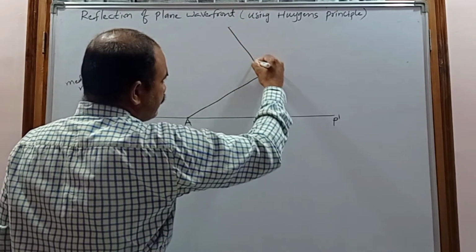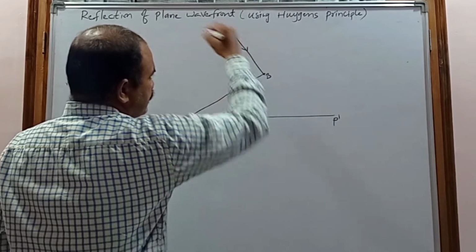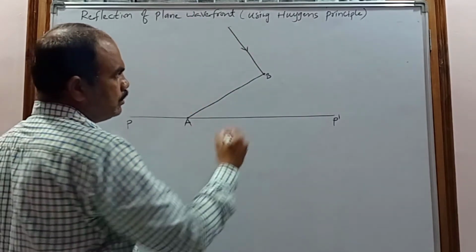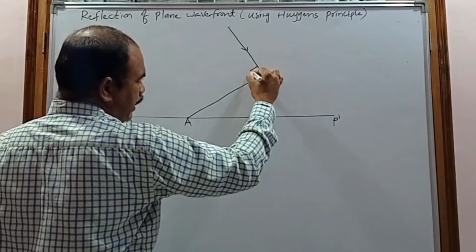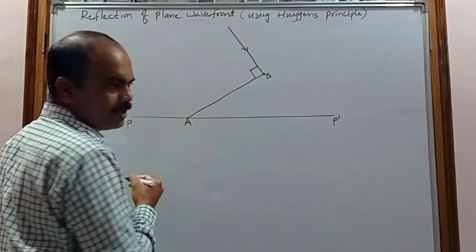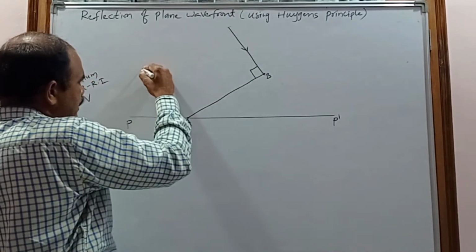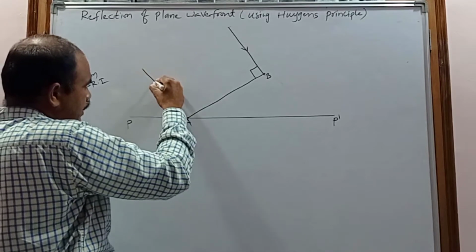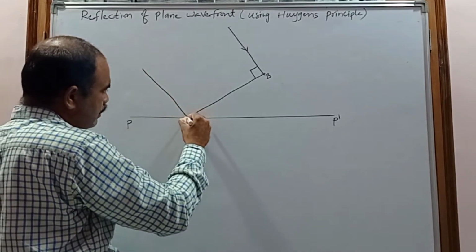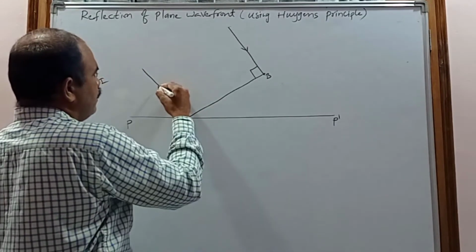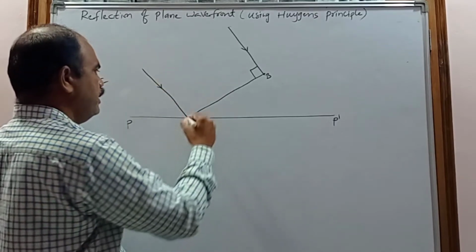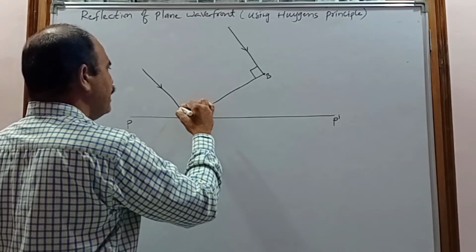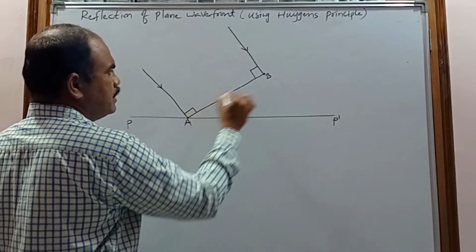This is a light ray coming from the source of light, and it makes 90 degrees with this plane wavefront. This is another light ray, drawn at point A, and it also makes 90 degrees with the plane wavefront.